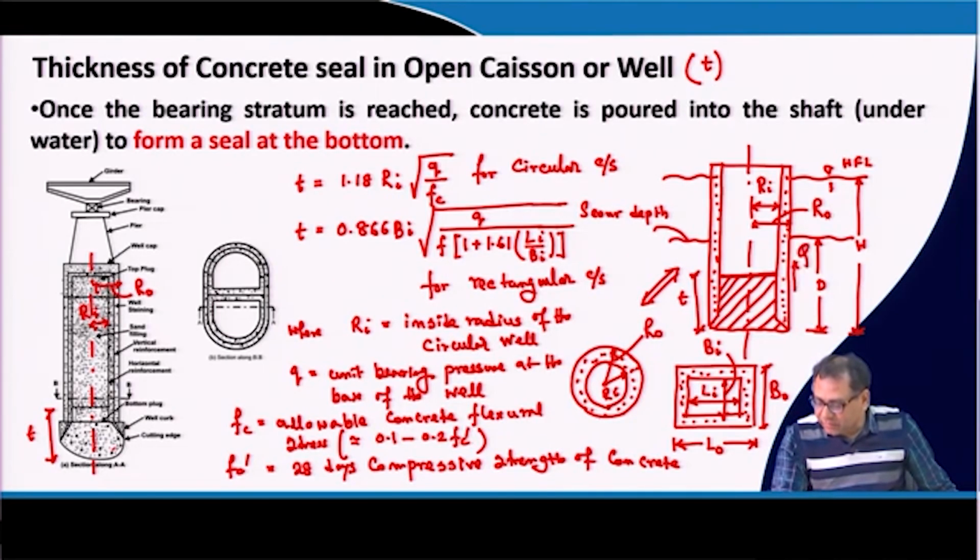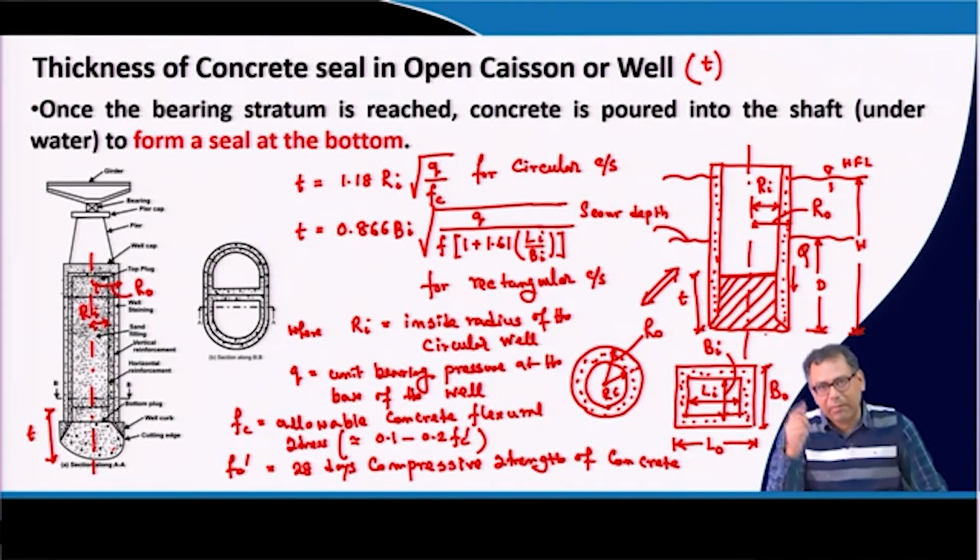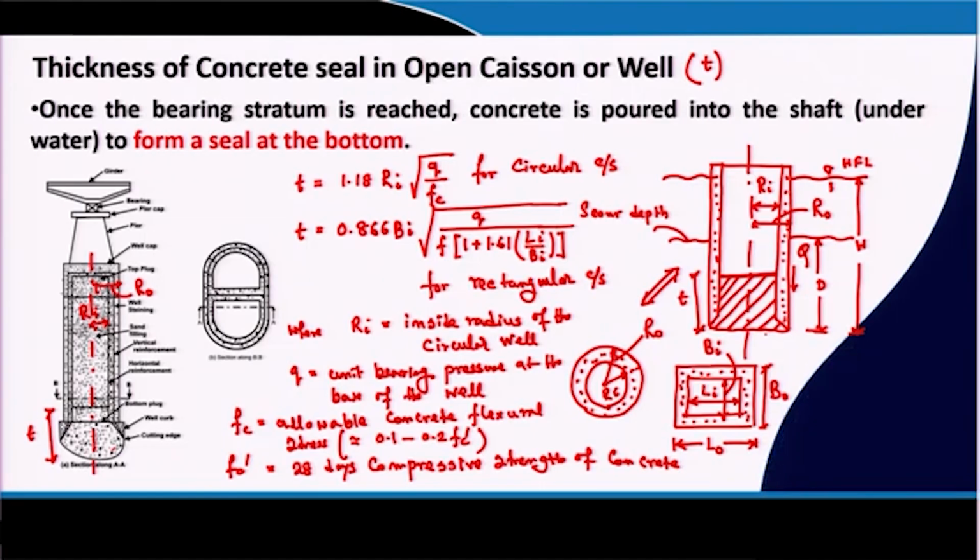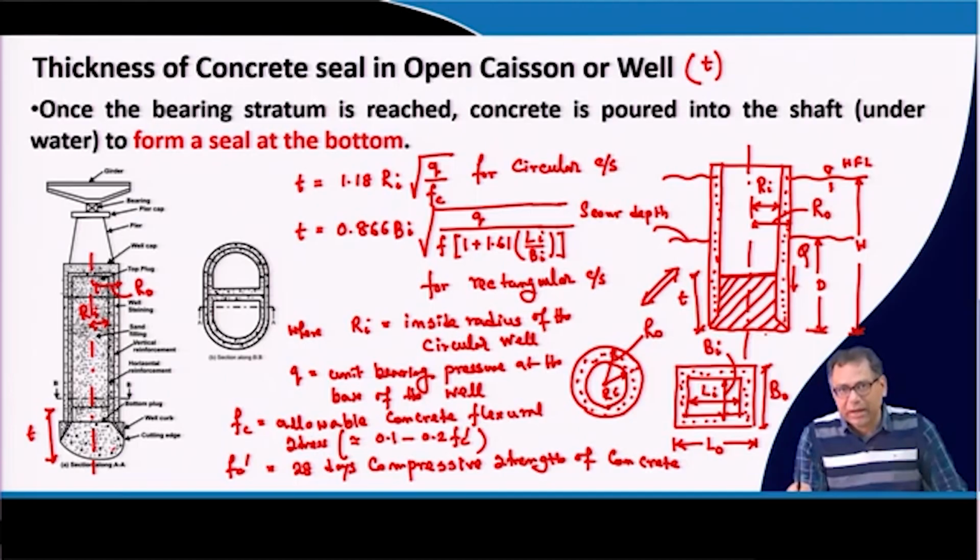The force due to that skin friction is Q, acting in the downward direction. Why does it act in the downward direction? When the buoyancy force tries to push the well in the upward direction, the skin friction between the soil and the well acts in the downward direction.